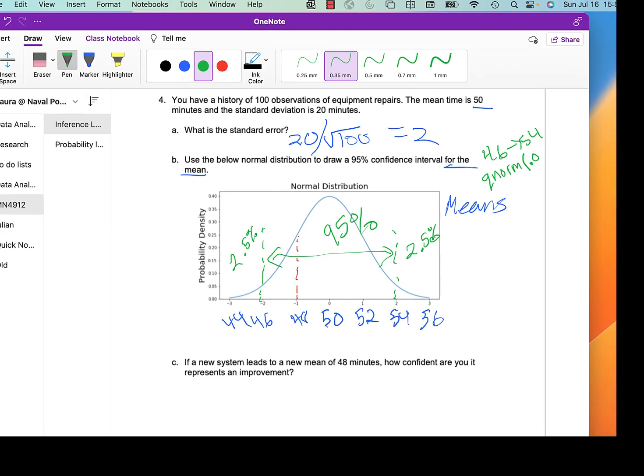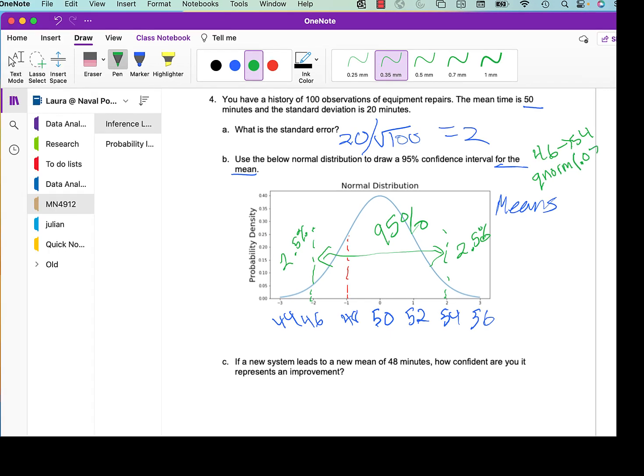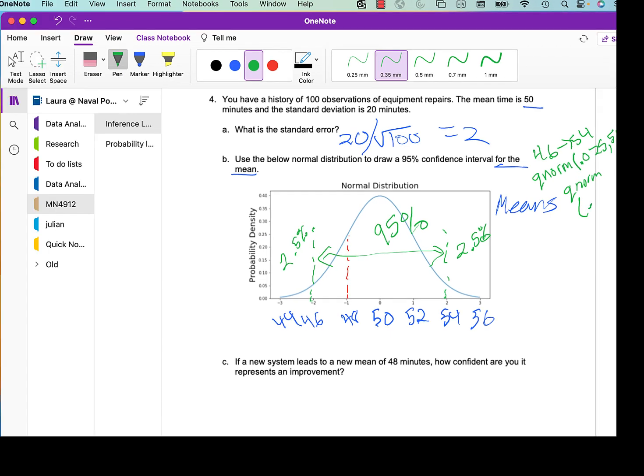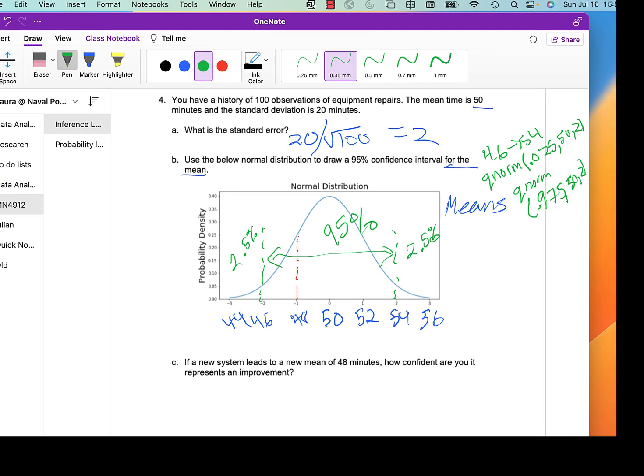So on qnorm, we tell it 0.025, 50, and 2. And then for the upper bound, we could do qnorm, and it's going to be 0.975, 50, and 2. And that's going to give you 10.8.